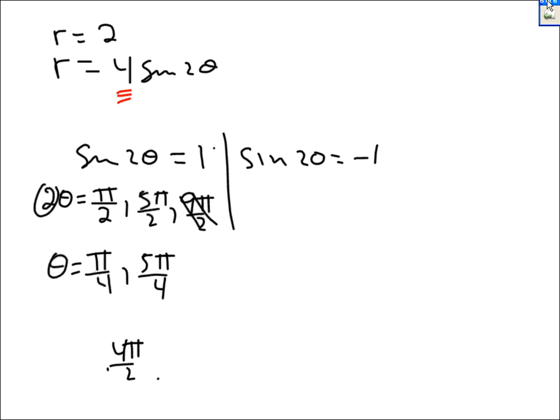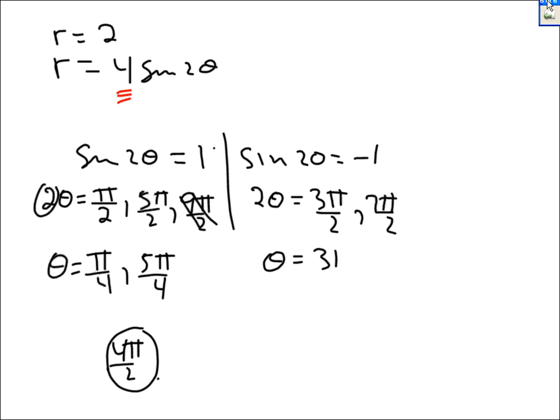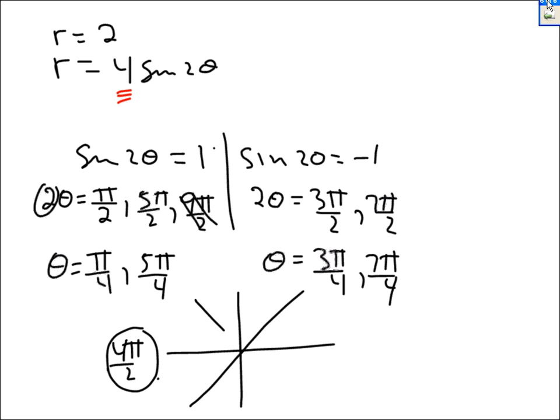Sine of theta is negative 1 at 3 pi over 2. Then you add 2 pi to it, 7 pi over 2. Divide by 2, you get 3 pi over 4, 7 pi over 4. Okay, so we have a lot of pi over 4s, so let's do that.